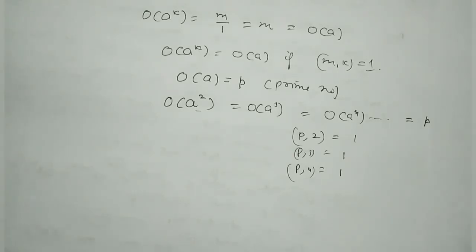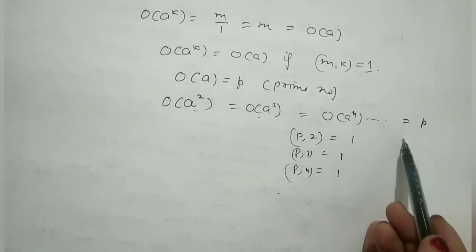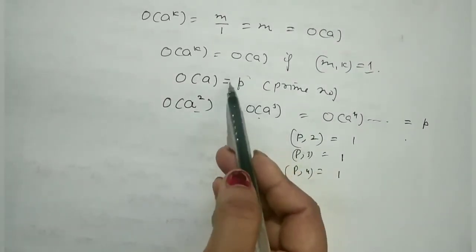So that means this is another important result, that a number and any of its powers will have the same order if the order of that number is prime.